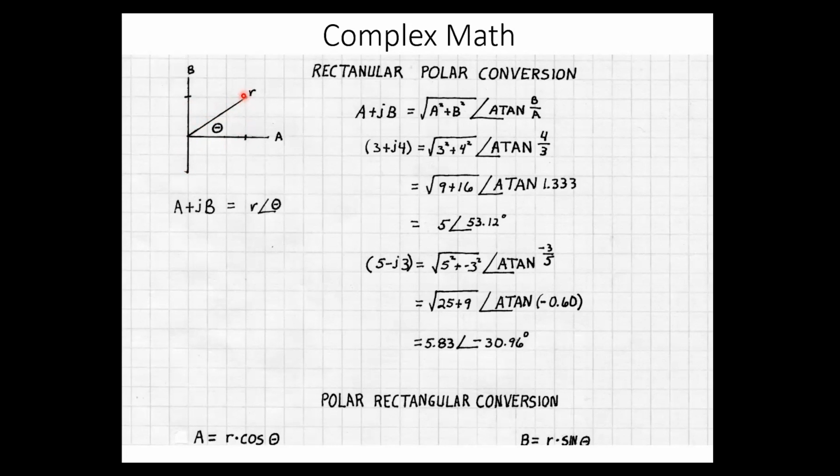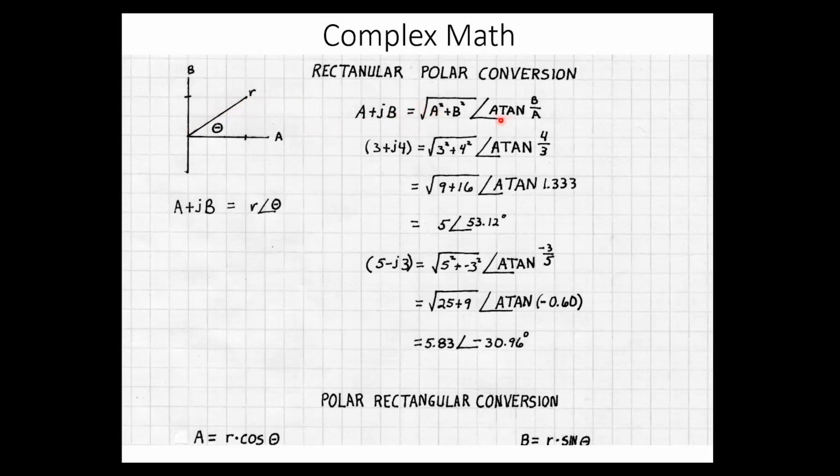Everybody remember Pythagoras' theorem? A squared plus B squared equals C squared, or C, in this case R, the hypotenuse, is equal to the square root of the sum of A squared plus B squared. That's my magnitude. This was really hard.